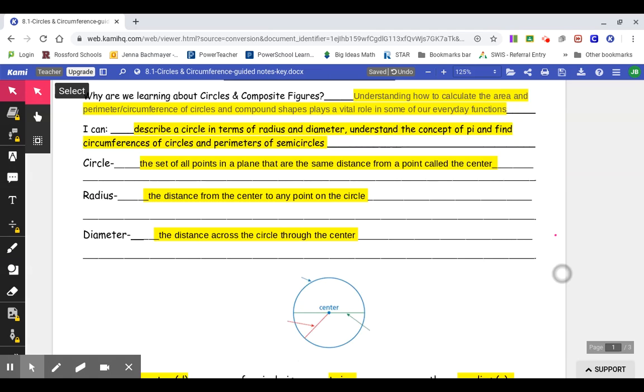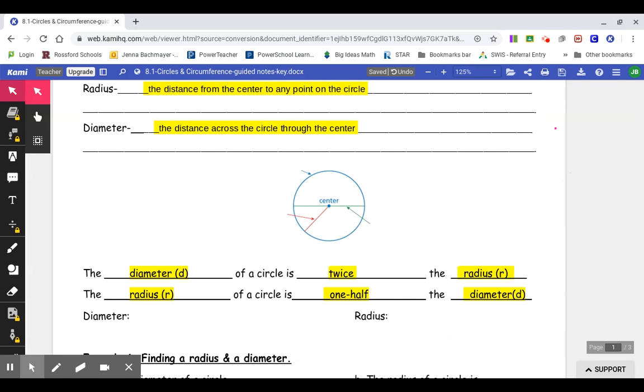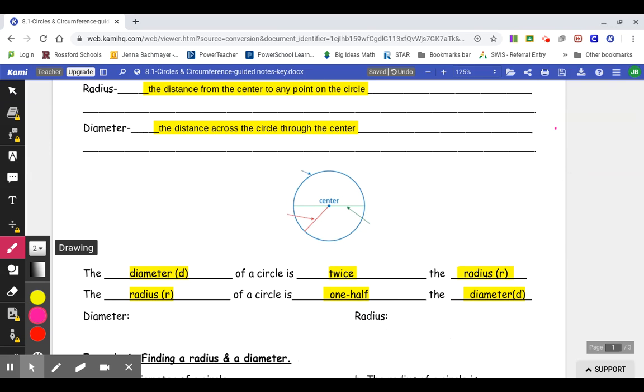Okay, so let's take a look at our picture here. We have a circle. We have our center point given to us. So we are going to fill in the rest of the parts of a circle. The outer part, we're just going to label this circle because it's indicating that outside part.